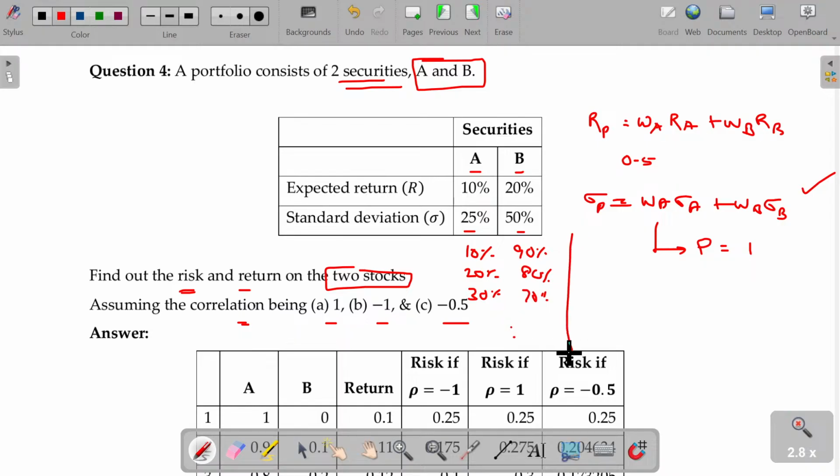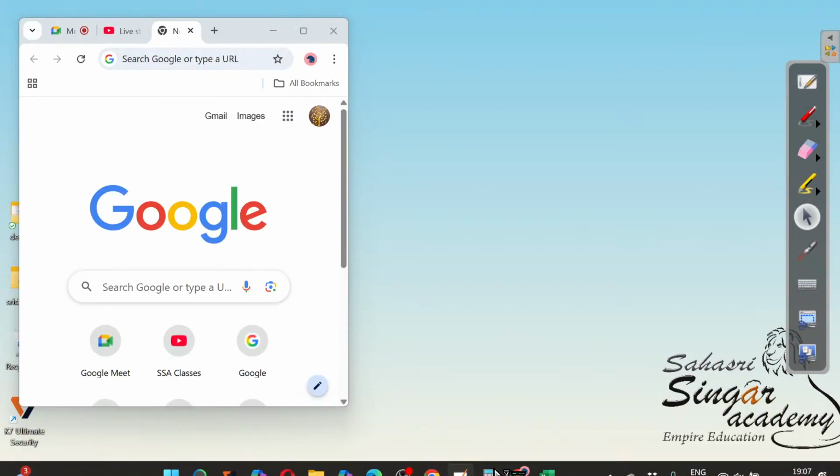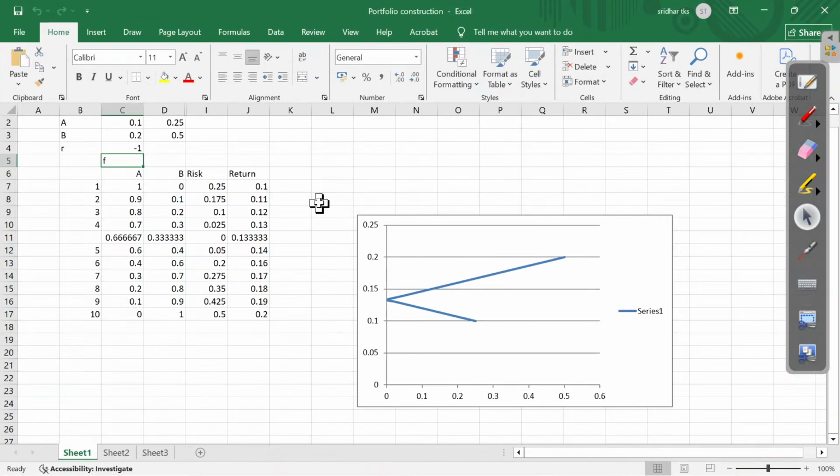Find out the best combination of your portfolio. Then actually it is not possible to calculate manually, but you can use Excel sheets or the latest apps. Here I already constructed an item here. See here.